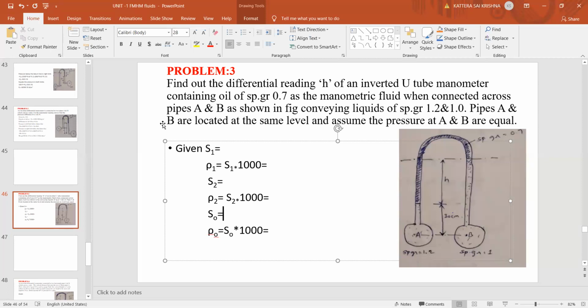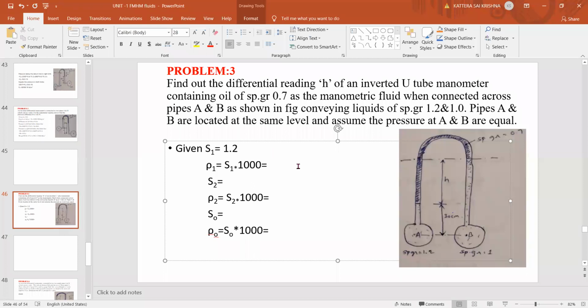Completed, sir. Yes, right. So now check the given data, what all things we have here. The oil specific gravity is given. I have written all the terms already. S1 is the specific gravity of the fluid in the left side, at point A. S1 is given as 1.2.